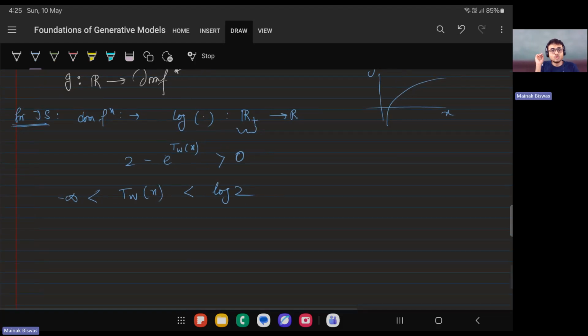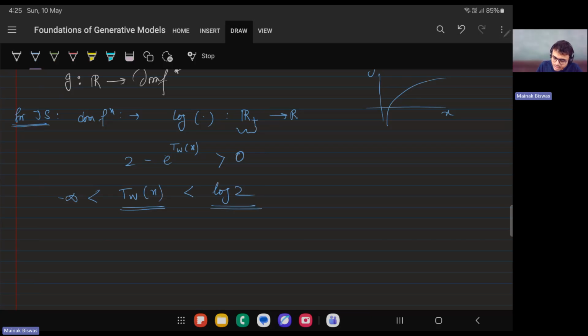So now how can I do that? If I have to have a value between minus infinity and log 2, I can do that using a combination of something. So what can it be? Again, tw of x, can I write this as this function? So this has to be less than log 2, right?